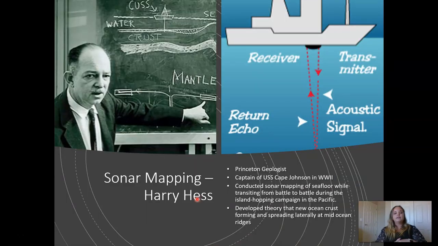Okay, so one of the next things that happened after mantle convection was sonar mapping by this guy named Harry Hess. Around World War II, we were using a lot of sonar technology, and we used sonar mapping to map the sea floor. So what they would do is they would take a boat out into sea. They would send down a signal, or basically a sound, and it would hit the bottom of the ocean floor and bounce back.